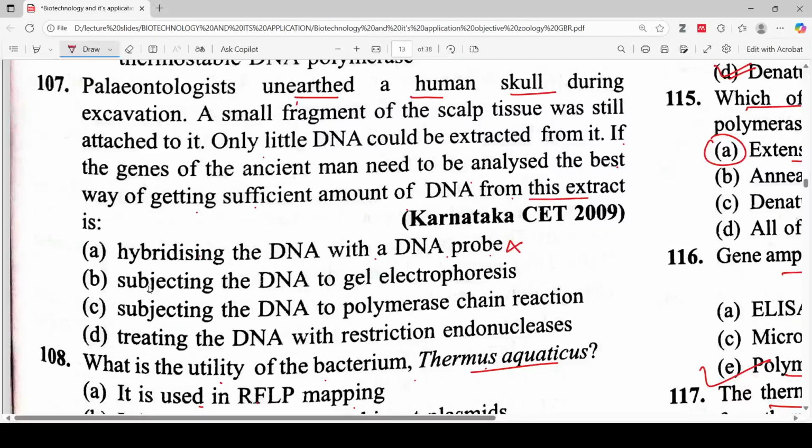No. The option B, subjecting the DNA to gel electrophoresis. No. Subjecting the DNA to polymerase chain reaction will be the correct answer, and treating the DNA with restriction endonuclease is not correct. So the correct answer is option C.